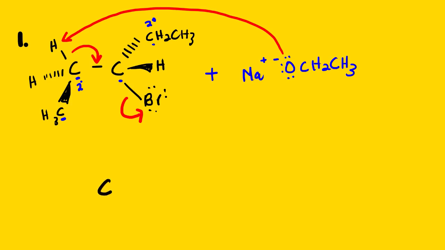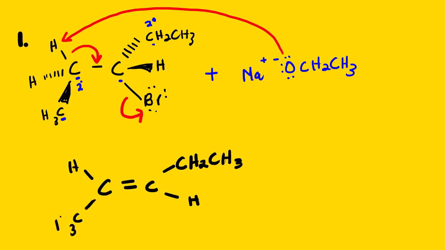Then our product will have a double bond, it is pentene, and you can see this is a trans pentene. Remember that between cis and trans, trans tends to be the most stable. So the major product is trans pentene.